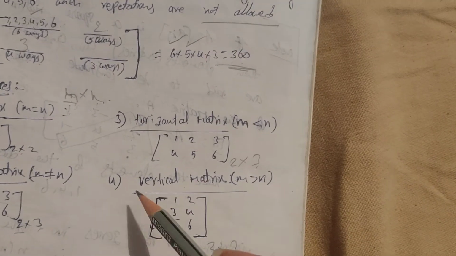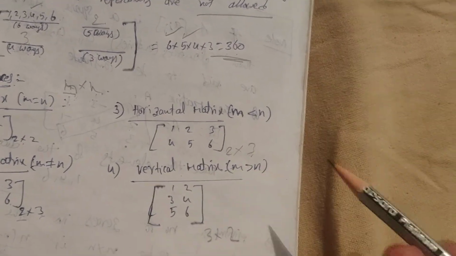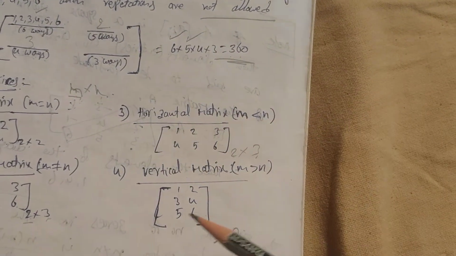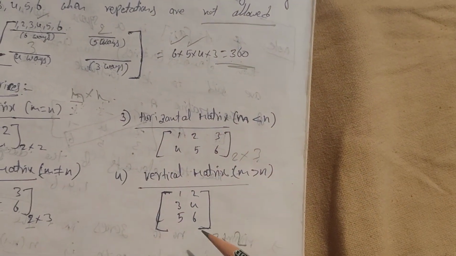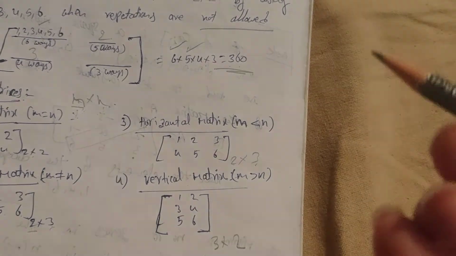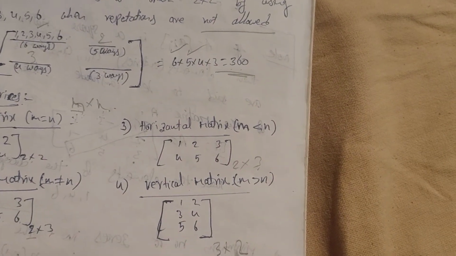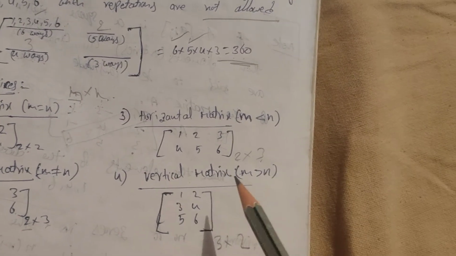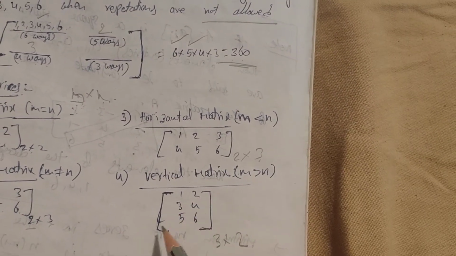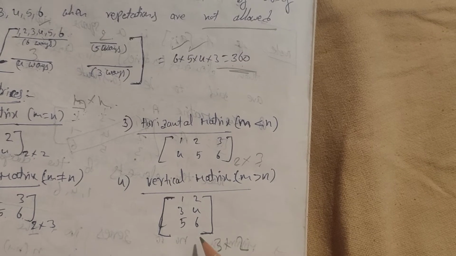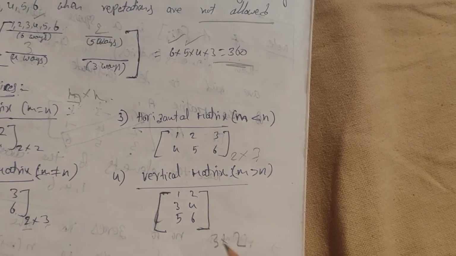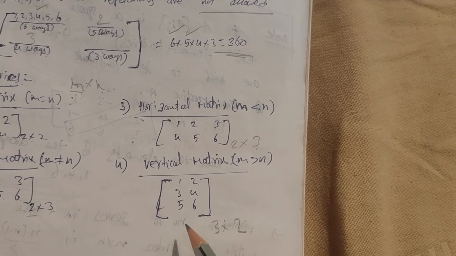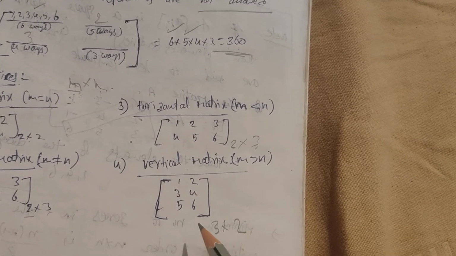Next one is the vertical matrix. You can understand, if the width is less and the length is more, then that shape is a vertical matrix. This is possible when the number of rows is more than the number of columns. Here the order is 3 by 2. The number of rows is equal to 3, the number of columns is equal to 2.